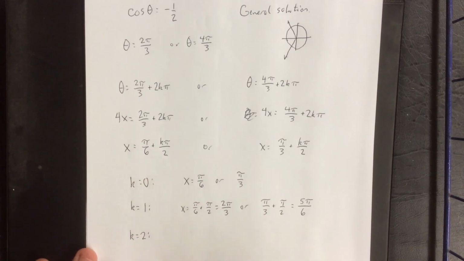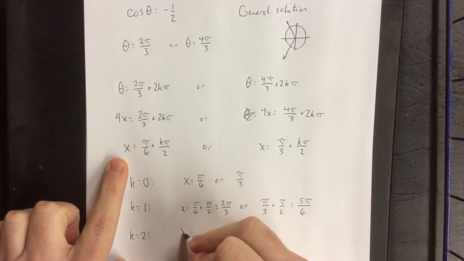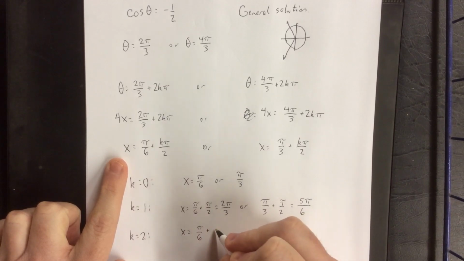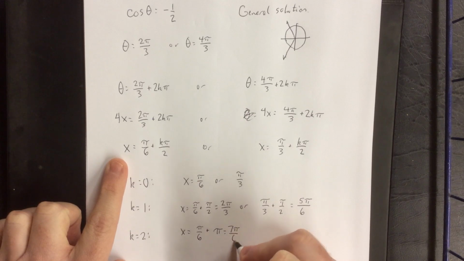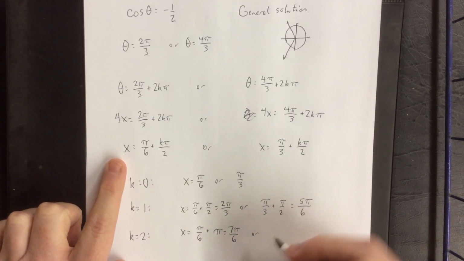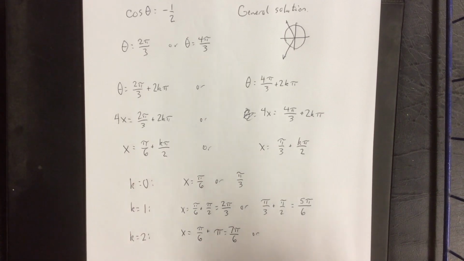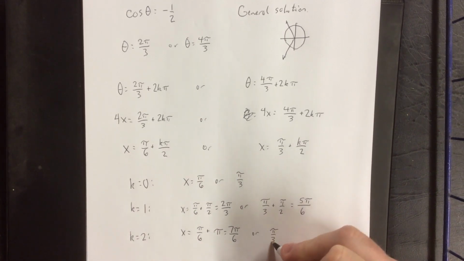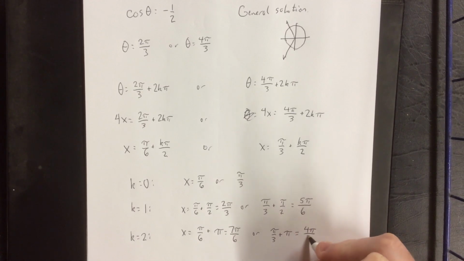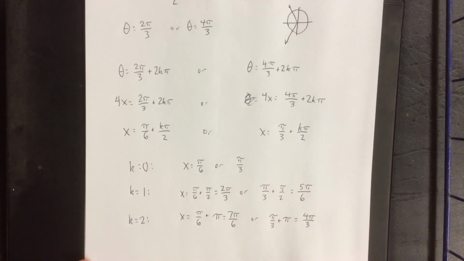At a value k equals 2, this one gives x equals pi over 6 plus 2 pi over 2. Getting a common denominator gives us 7 pi over 6. And this one would give pi over 3 plus 2 pi over 2. Common denominator for those, we get 4 pi over 3.